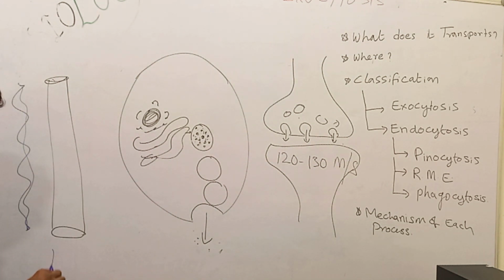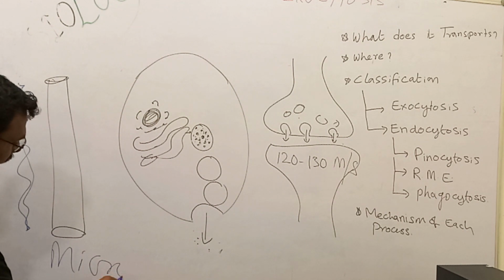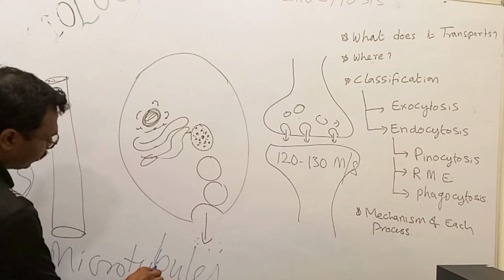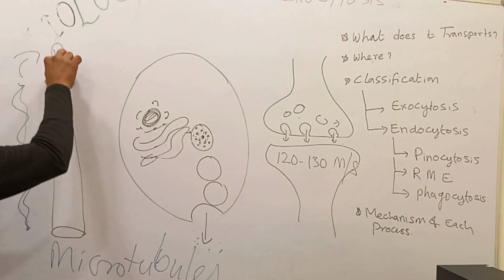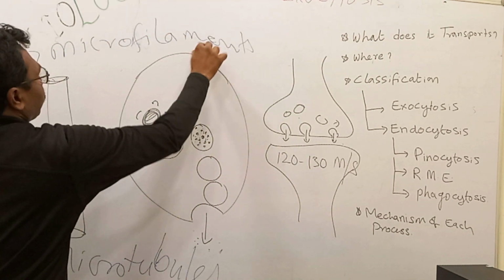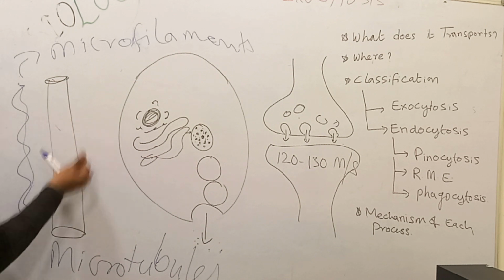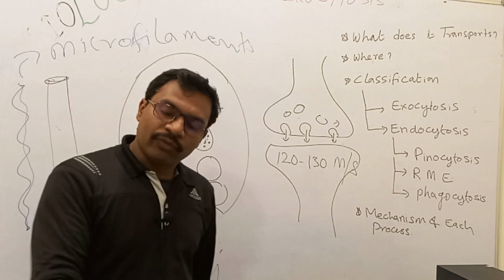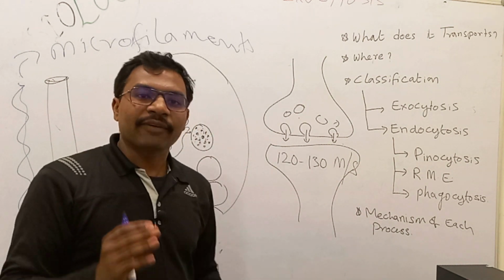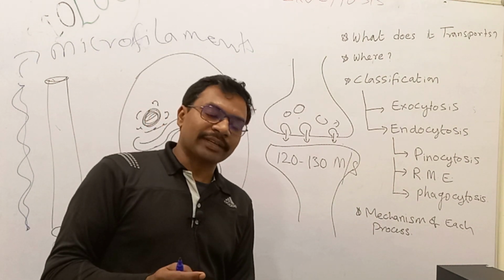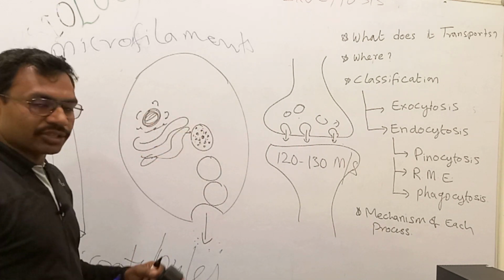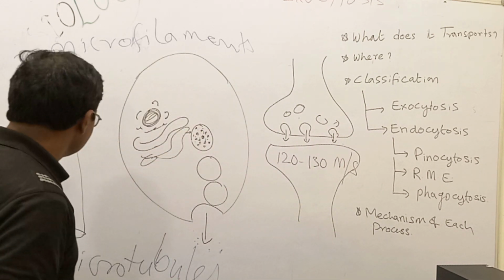Those are called microtubules and microfilaments. These are the microtubule and microfilament, for example. These are the scaffolding protein structures present in the cell, which provide the basic structure and shape of the cell.